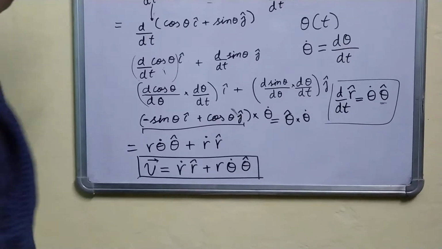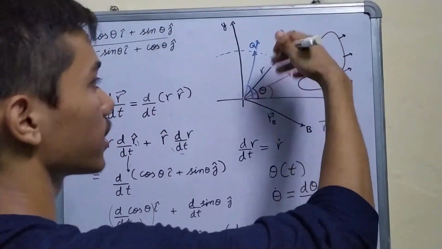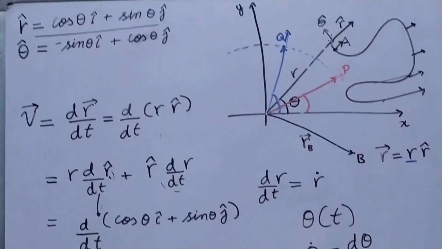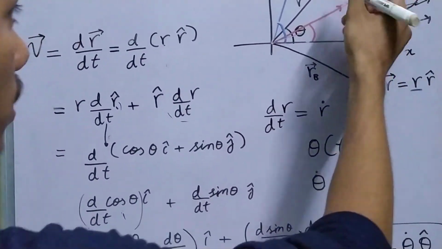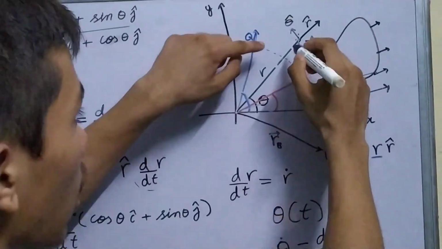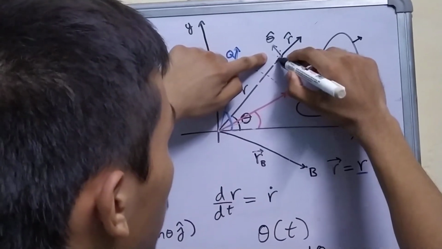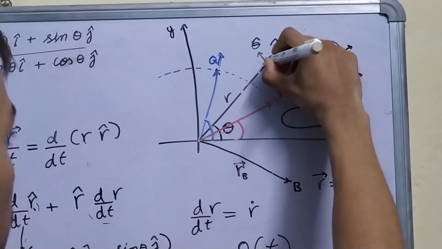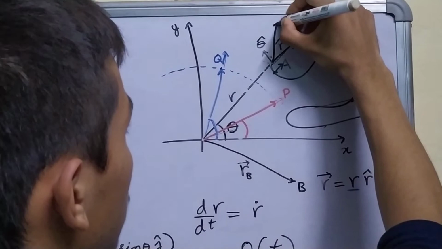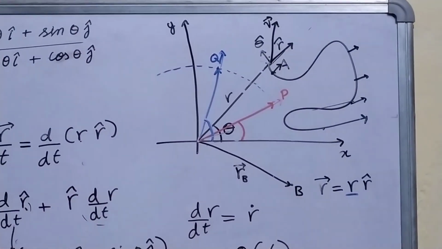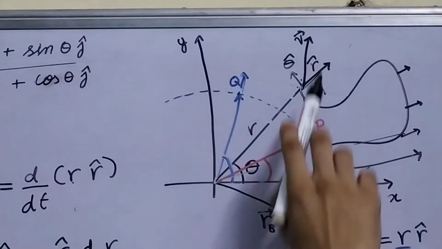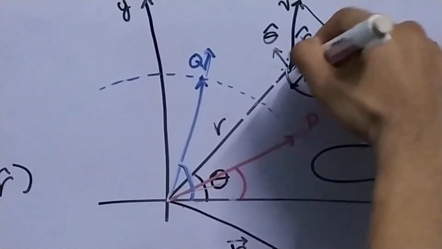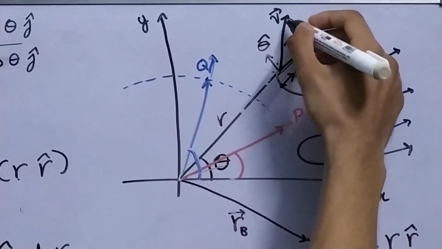Now what this means is that if you have a particle having some velocity, you can resolve its velocity into two components. Say your particle at some instant is moving like this. This is its velocity vector. Then you can resolve it onto the unit vector r cap and the unit vector theta cap.